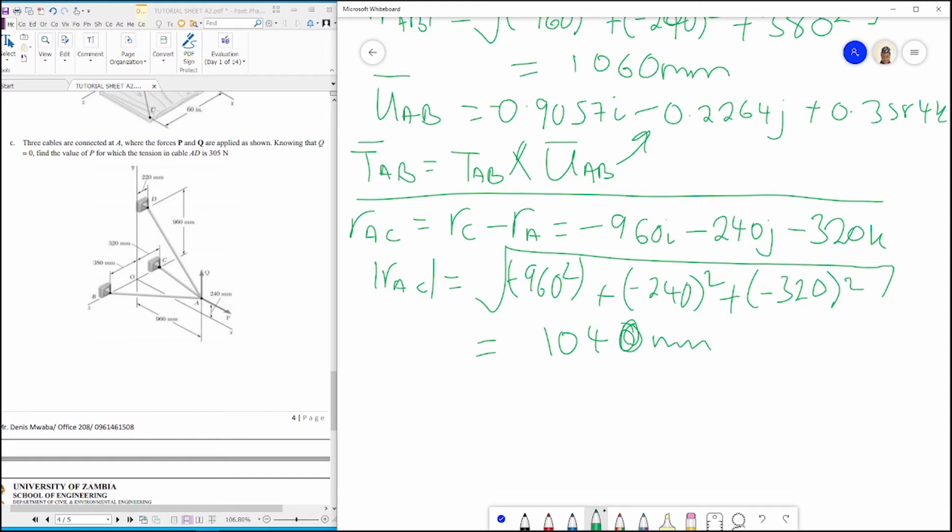Awesome. So then the unit vector in the direction of AC will be just dividing that.